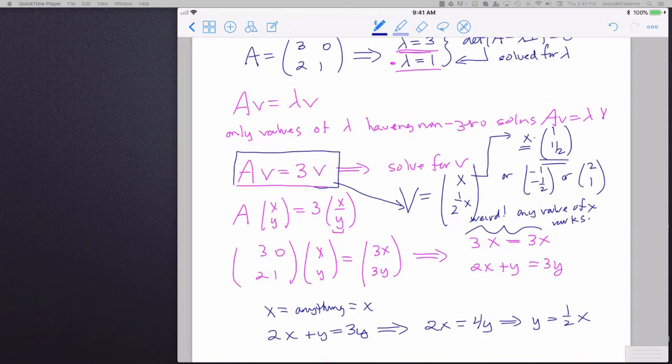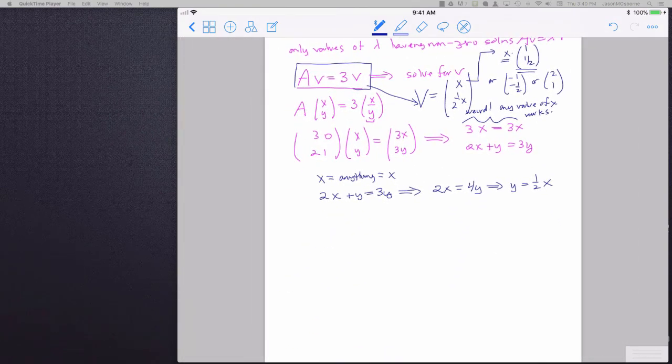So what we say here is that in the xy plane, our eigenvector was 1 in the x and 1/2 in the y. Or you can go 2 full steps in the x direction and 1 step up. That's just a vector in the same direction but twice as long.